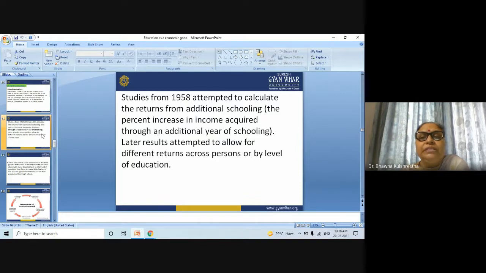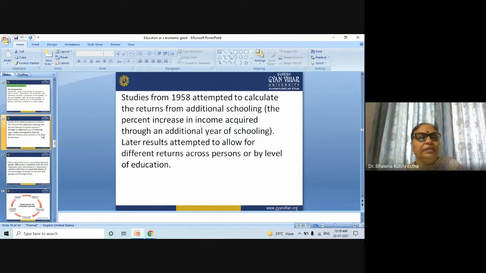The United States has been the world leader in educational advances, beginning with the high school movement, 1910 to 1950.